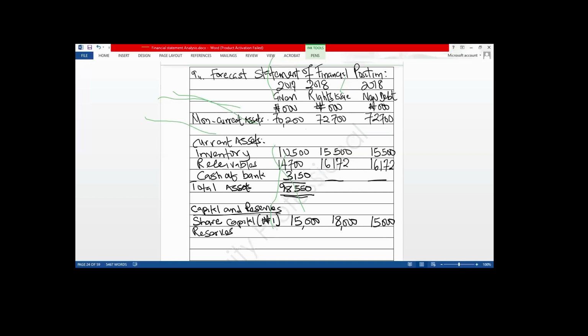Let's continue. Reserves is, this is equity reserves. It contains all reserves related to shareholders.